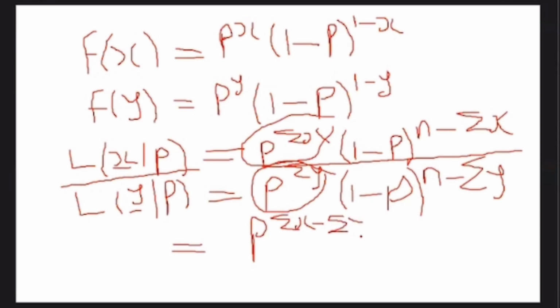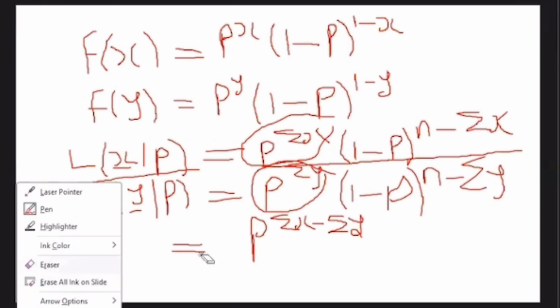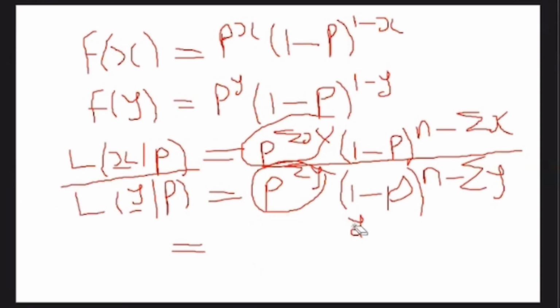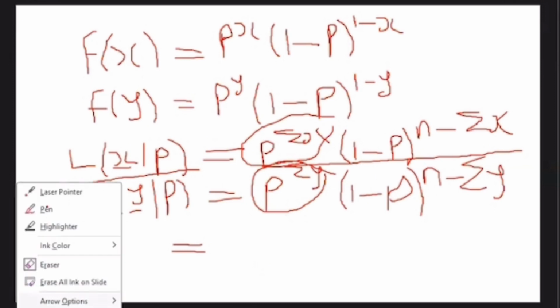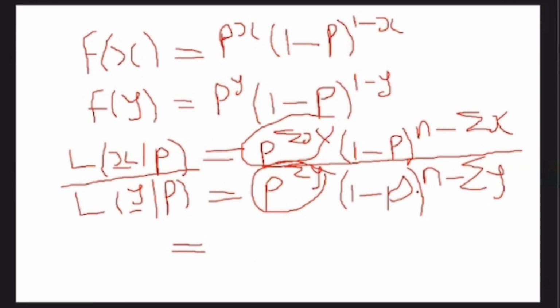I can write summation x minus summation y, but if I don't want to do that, I can simplify first. I can say 1 minus p. If you take a look at 1 minus p in the denominator and 1 minus p in the numerator, I can split that into one. I'm seeing something that will cancel out: 1 minus p raised to power n cancels out.